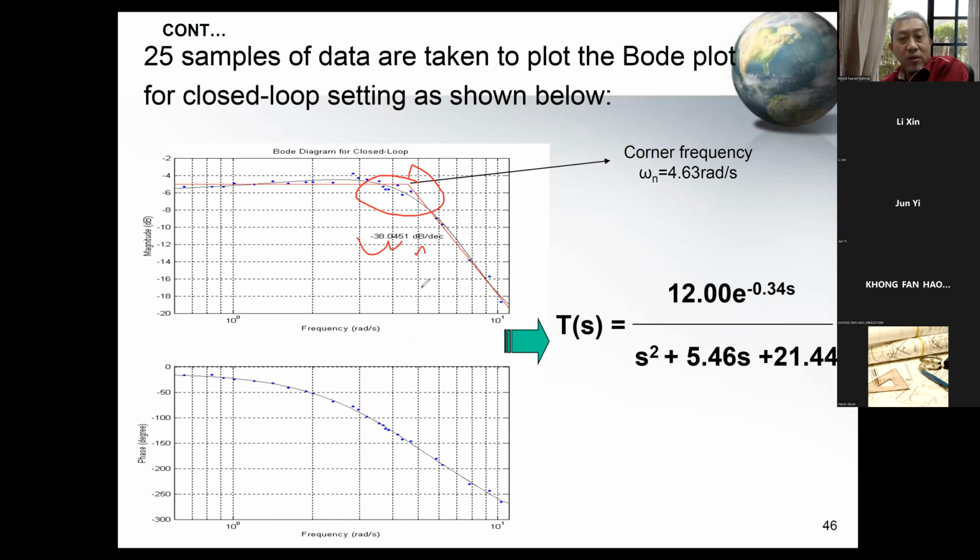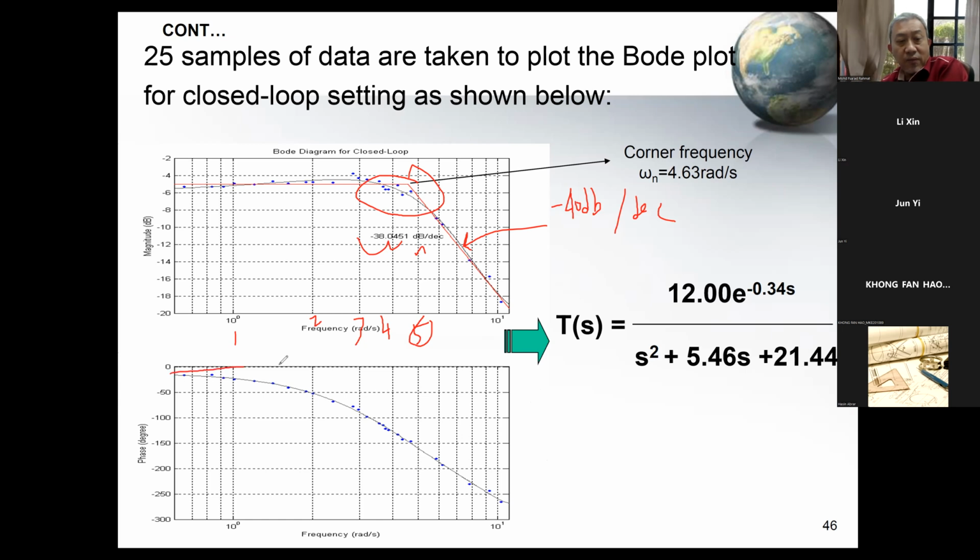The omega n is about 1, this is 1, this is 2, 3, 4, 5. So the corner frequency occurred at 5 radian per second, and then the slope of this is minus 40 dB per decade. Okay, so that will give you information that this is a second order system.